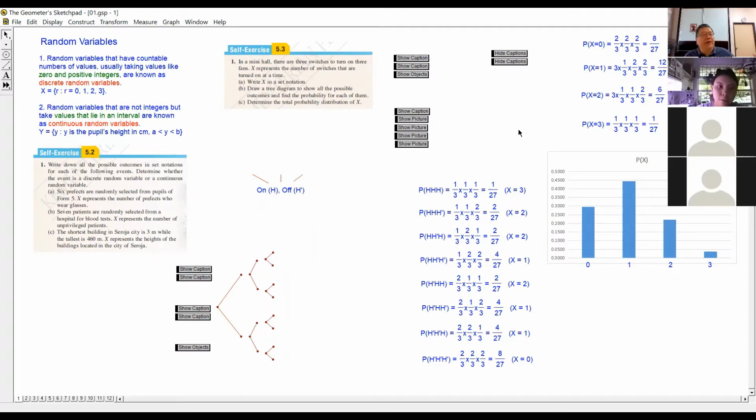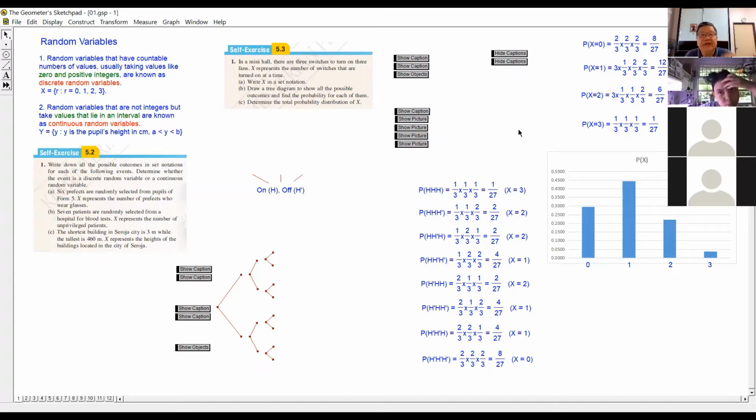Okay, right. So first we start with random variable. Now, random variable has two types. One is discrete random variable. The other one is continuous random variable. Discrete random variables are numbers, and these numbers are whole numbers.